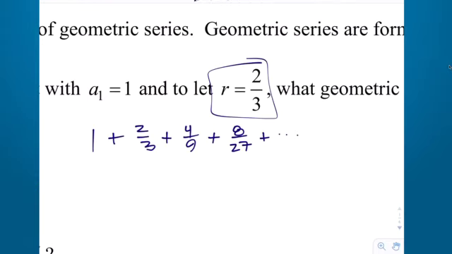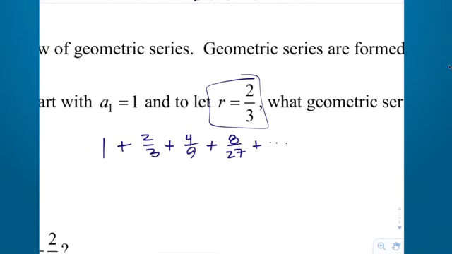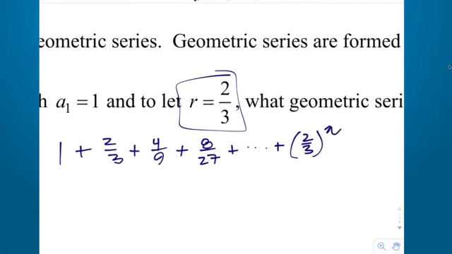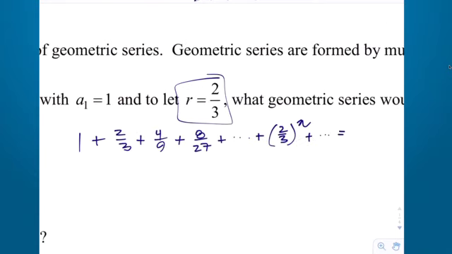Okay, so that is a geometric series. Would that one converge or diverge? That one actually converges. Remember, we could write the nth term as 2/3 to the nth power plus ... And if you want to write that as a series, you can start with what value when you go to infinity? What value of n would generate a 0 when you plug it in for n to start with? 0, right?